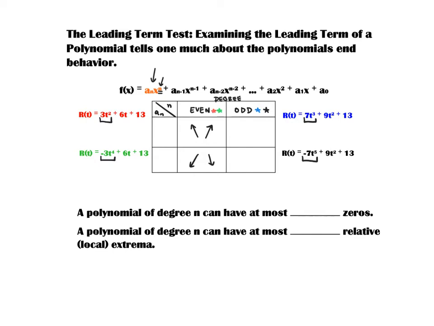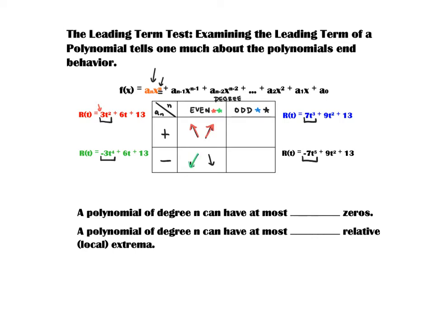So you can see here that this is a positive 3. So if you have a positive, even leading term, positive leading coefficient, even degree, you're going to have this end behavior in the top left box. If you have negative even, you're going to have the bottom left box. Okay, with an odd function, I might want to do this so you can see that it goes with that function.